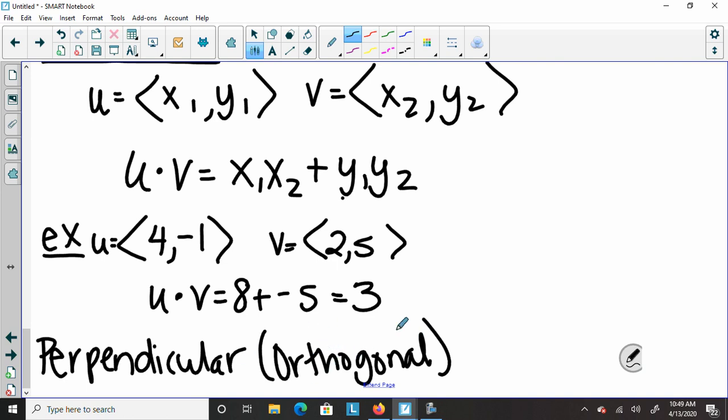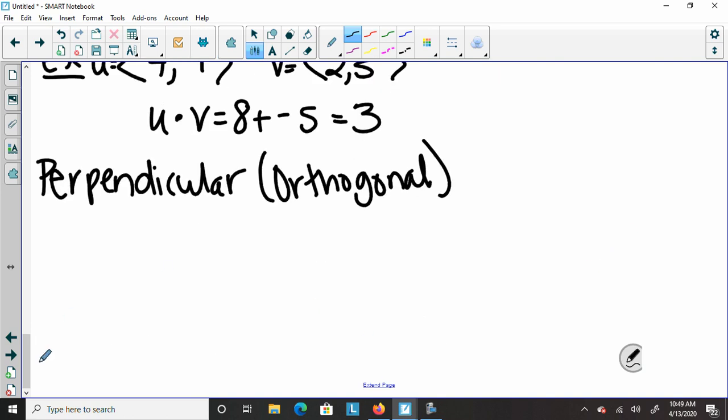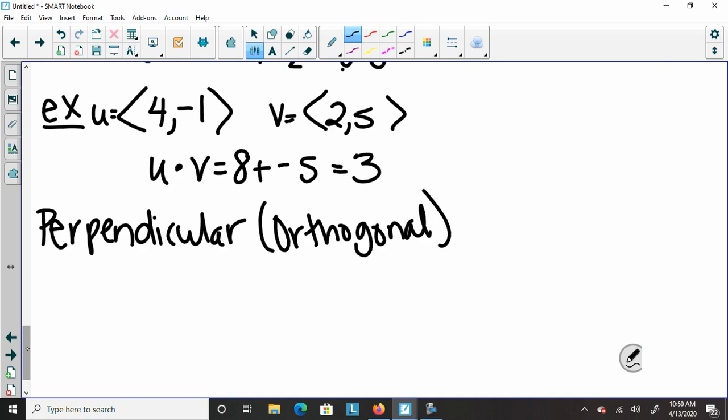So perpendicular, orthogonal, we use those interchangeably. If two vectors are perpendicular, which means that they meet at 90-degree angles, or they would if their lines were extended, their dot product would be 0. So two vectors are orthogonal if their dot products are 0. If you have two vectors and you want to see if they are perpendicular or orthogonal, you do their dot product. If it is 0, then yes, they are.